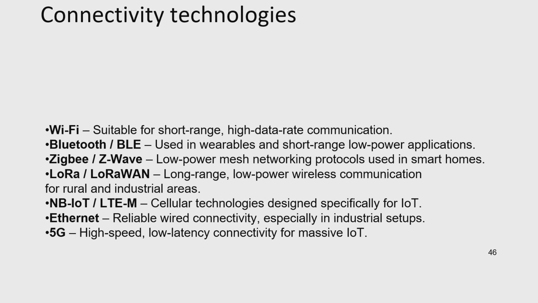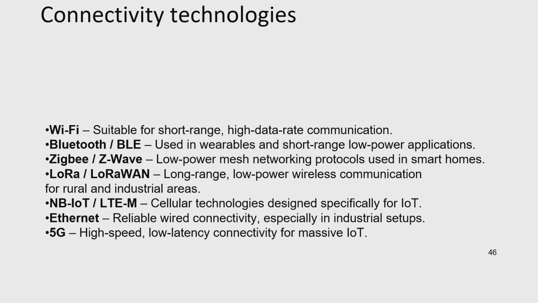Other connectivity technologies decide how the Internet of Things will work. Suppose there is a sensor embedded in some device, maybe in my scooter it is embedded, but how the data will be transmitted, many things are there. Wi-Fi is suitable for short range high data rate communication.